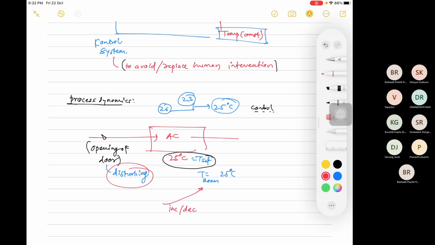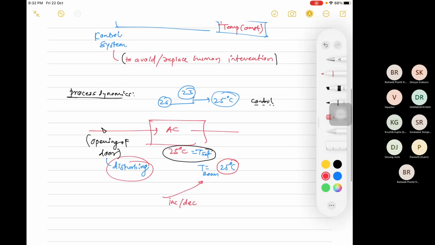If you have the AC on, meaning it is summer, then if you open the door the temperature will rise, and you want to maintain this at 25 degrees Celsius. So what will you do? You will use a control system. So this opening of the door is a disturbance for this system.